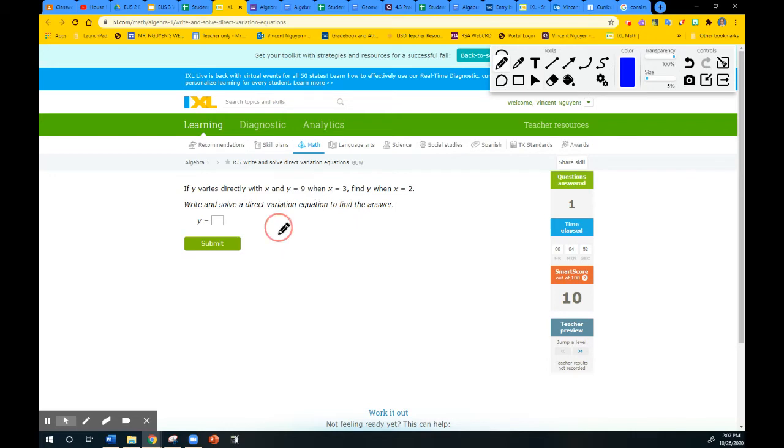To try the fast way, you do want to put this into parentheses. Here we have y equals 9 and x equals 3. So I do 3 comma 9. And then here I do 2 comma y. Well, remember the fast way I showed you is to find out how you got from here to here.